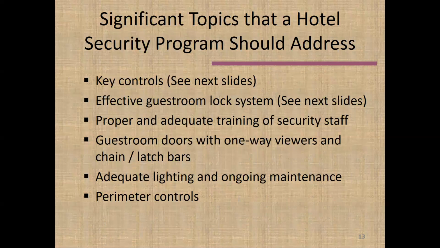Certainly, adequate lighting and maintenance are important factors. We don't want there to be bushes that people can hide behind, or uneven sidewalks that people can trip on. And you'll want to have some level of perimeter control, making sure that people are not using the edges of your property in a way that's not appropriate or safe for your guests and your property.